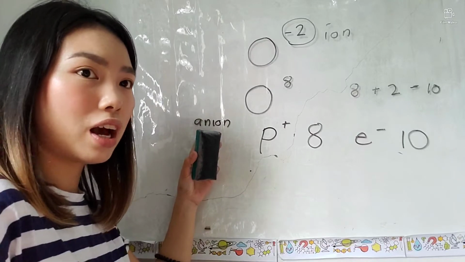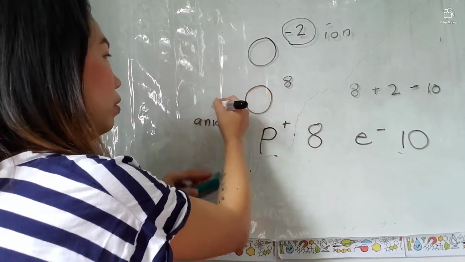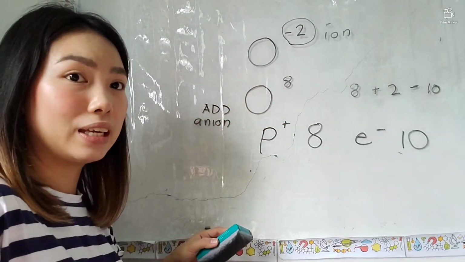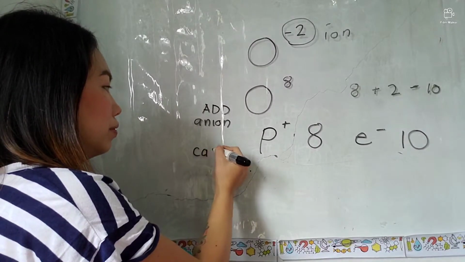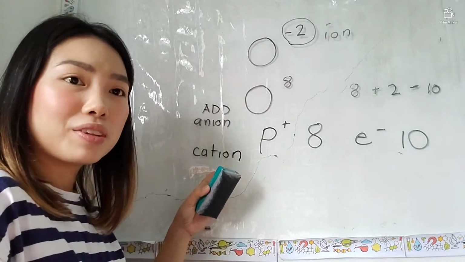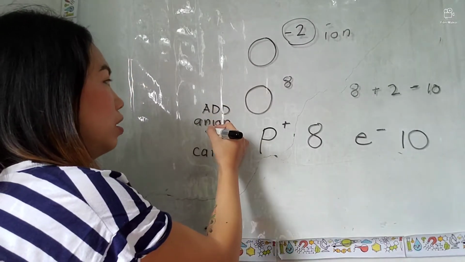Gets? So, ang tatandaan mo lang, if you have an ion, negative, ang gagawin mo is to add. But if the given is cation, or positive ion, then you will subtract.